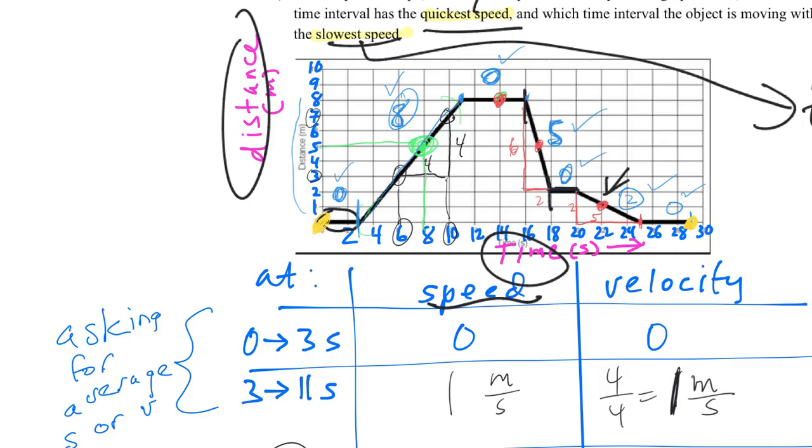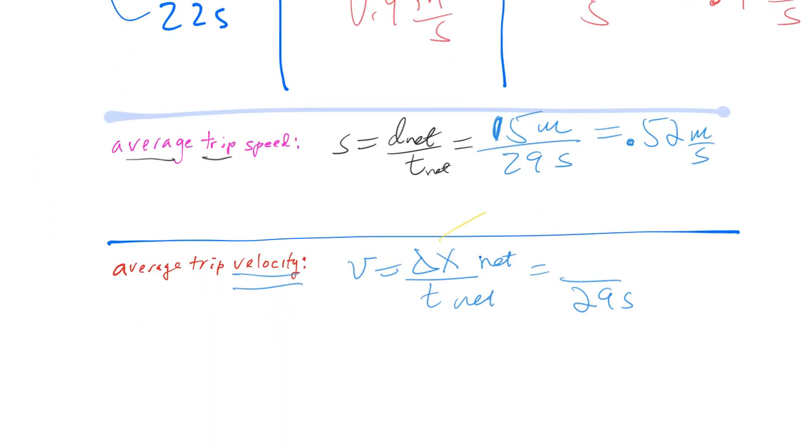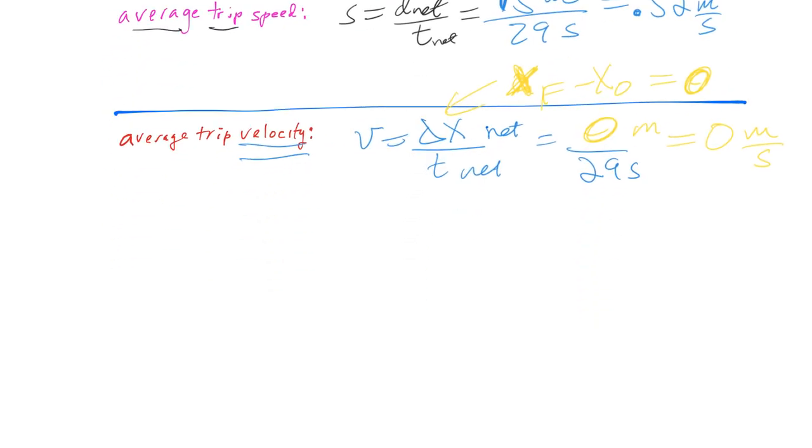The starting position is 0, and the finishing position is 0, and you subtract those two numbers. So the change in x is xf minus xo, which is really yf minus yo. It's the final position minus the original position. In this case, it's 0 minus 0. So the average velocity is 0 meters per second for the whole trip.